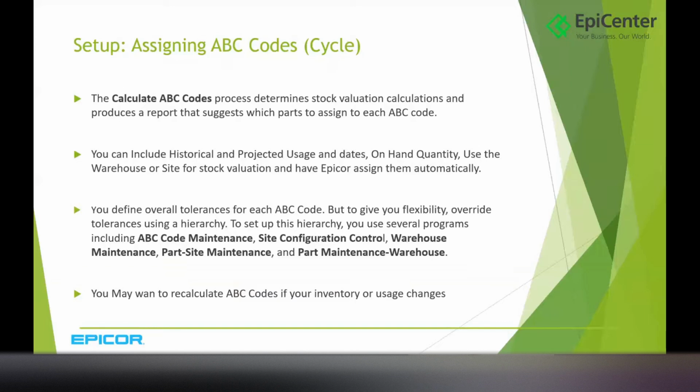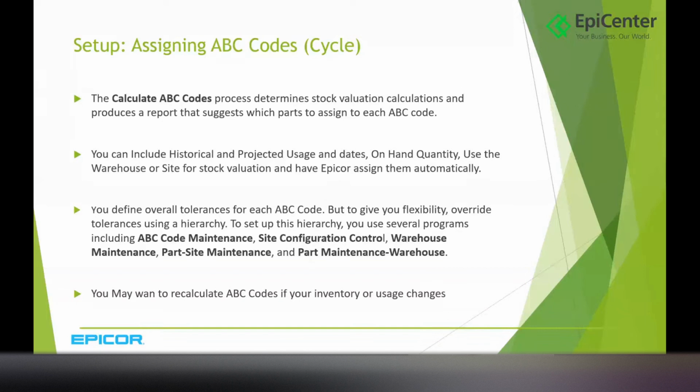So once you've created your ABC codes, you can actually run the calculate ABC code process, and it looks at your inventory and gives you a report that you can review for the suggested ABC codes. And you can also select the checkbox that will actually assign them for you.